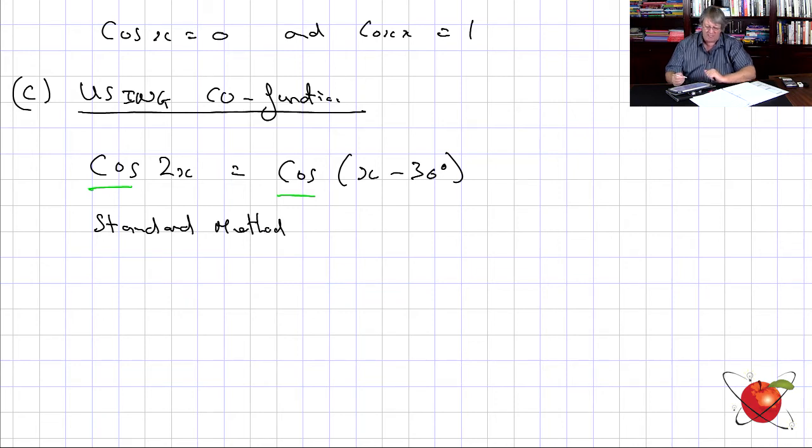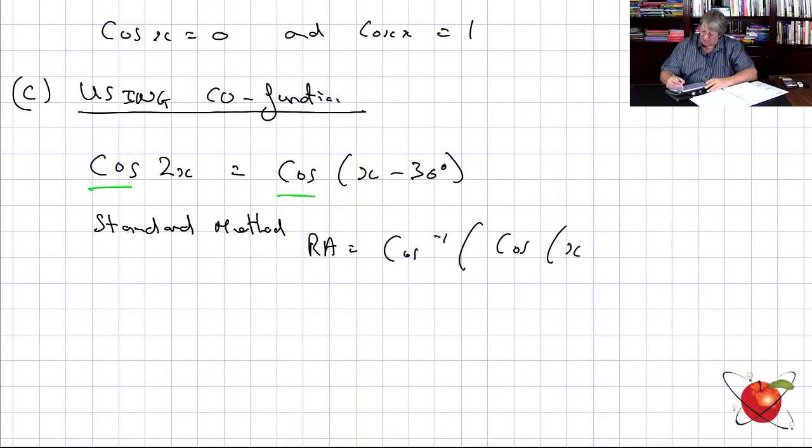What would I say? Therefore, the reference angle is going to be cos of x minus 30 degrees, which is equal to x minus 30 degrees. That's my reference angle.